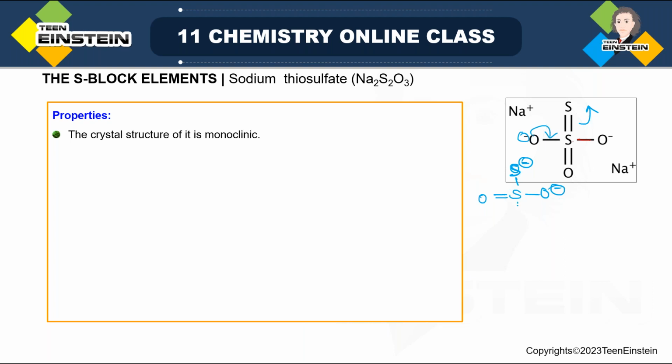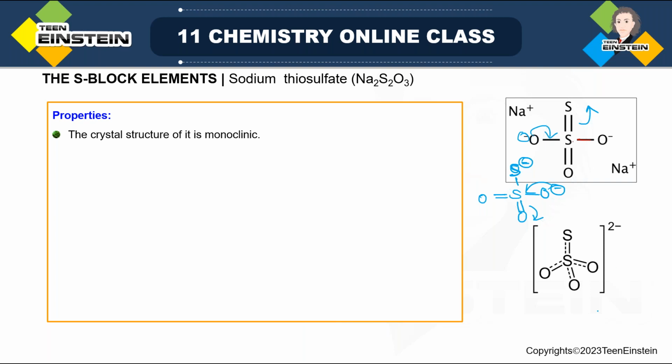If this negative charge is used for making the S=O double bond, now this oxygen can also carry the negative charge. Several resonance structures are possible, but if we consider the average structure, it will be like this. You can see dotted lines between sulfur and all the 3 oxygen, and also between the 2 sulfur.